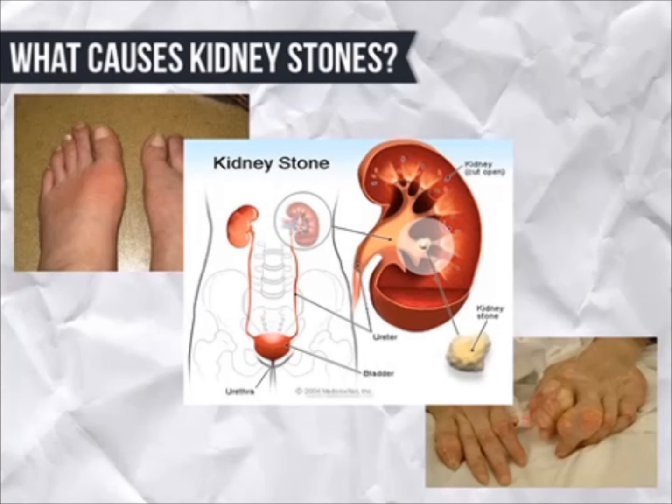Dietary factors and practices may increase the risk of stone formation in susceptible individuals. In particular, inadequate fluid intake predisposes to dehydration, which is a major risk factor for stone formation.